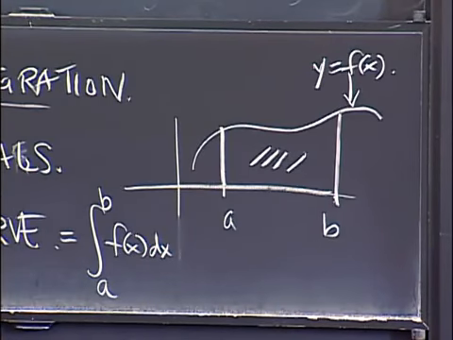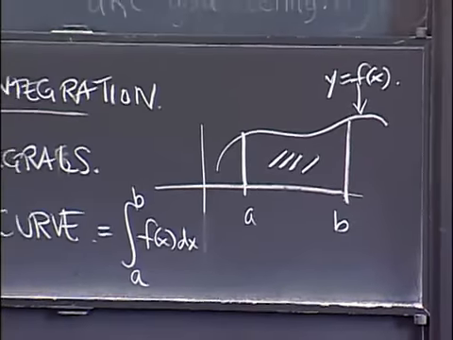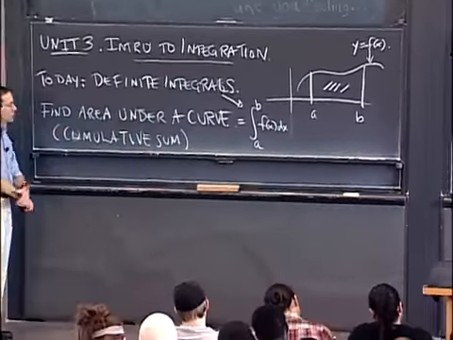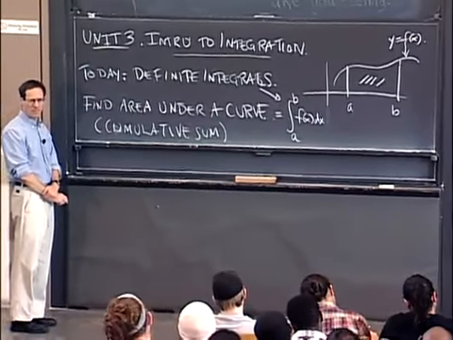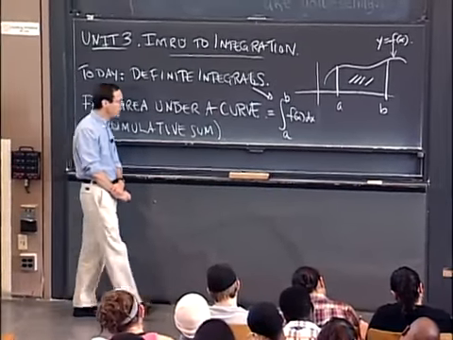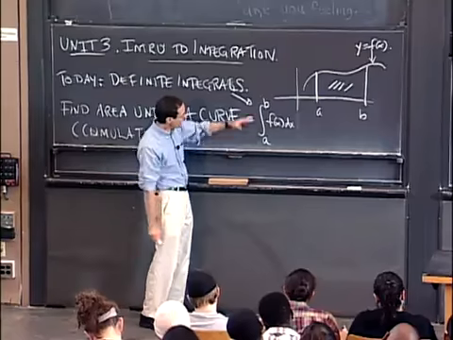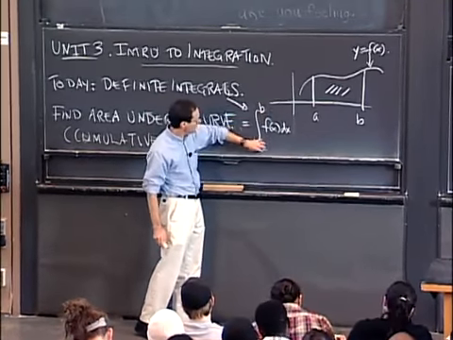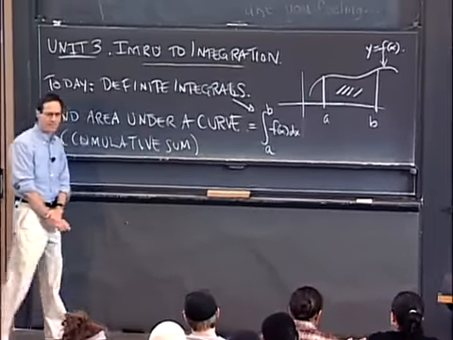So this is what's known as a definite integral. And it's interpreted geometrically as the area under the curve. The only difference between this collection of symbols and what we had before with indefinite integrals is that before we didn't specify where it started and where it ended.